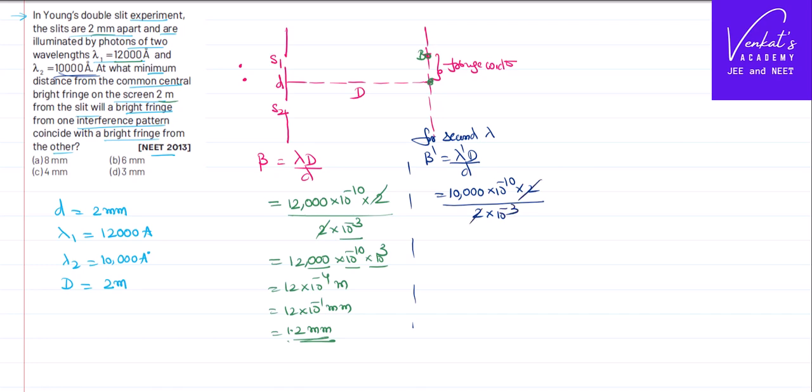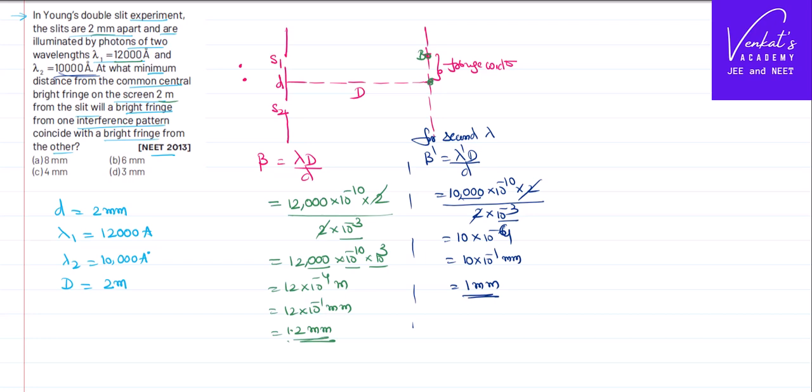This 2 and 2 will cancel. So this will become 10 into 10 power minus 6, plus 3, which goes to minus 4. So 10 into 10 power minus 1 millimeter, that is 1 millimeter.